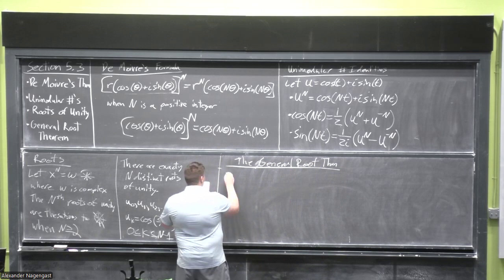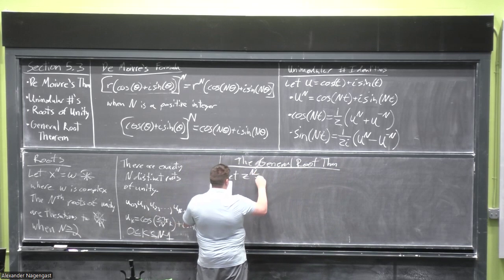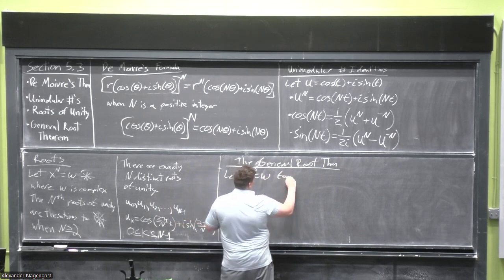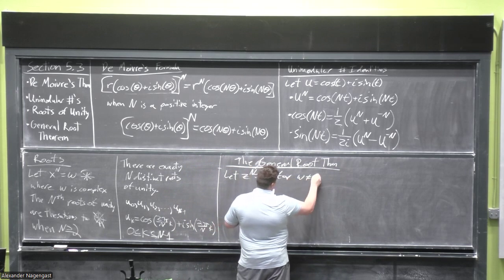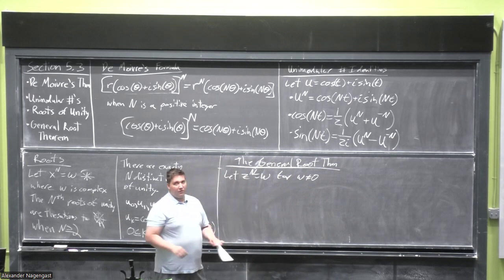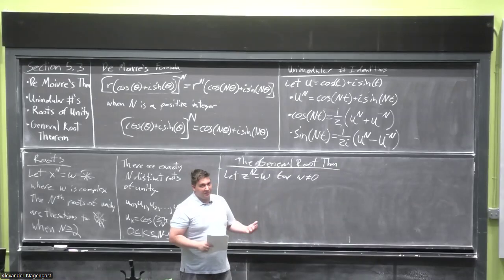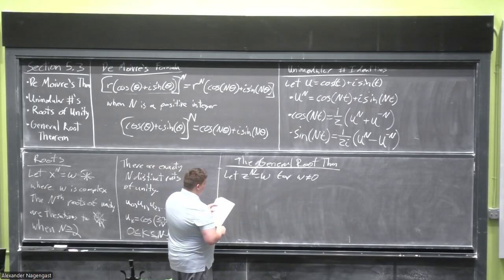And that is, let z to the n equal omega, for omega not equal to 0. So we're fixing omega, and we just can't make it 0, otherwise it becomes pretty trivial. It doesn't matter.